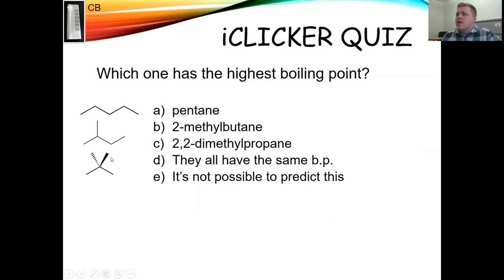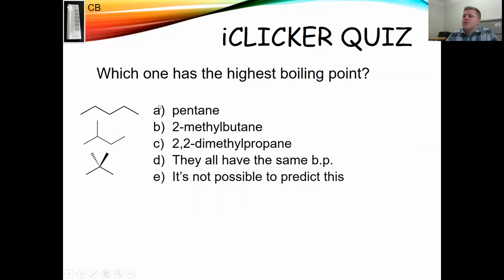Whereas this guy down here, it has a tetrahedral geometry around this central carbon, and then each of these carbons branching off of it has a tetrahedral geometry around it with hydrogen. So this is basically a big old fuzzball. So the fuzzball, you have 2 fuzzballs, they're going to interact a little, get a little van der Waals interactions, but not nearly as much as 2 long chains.